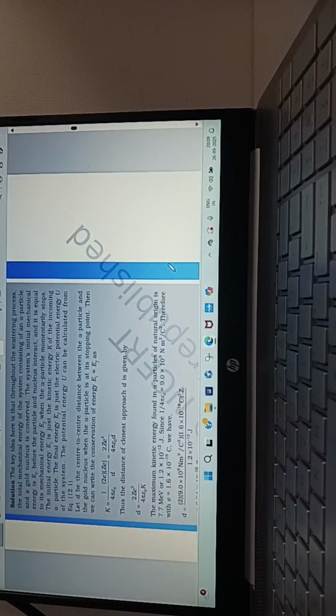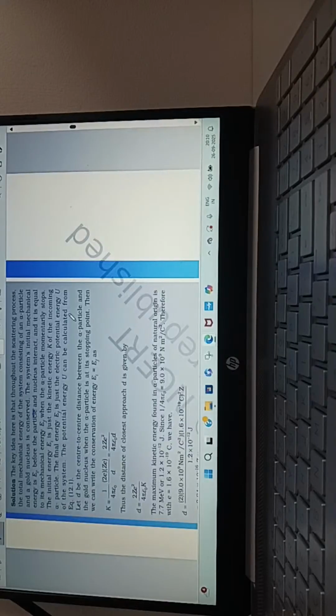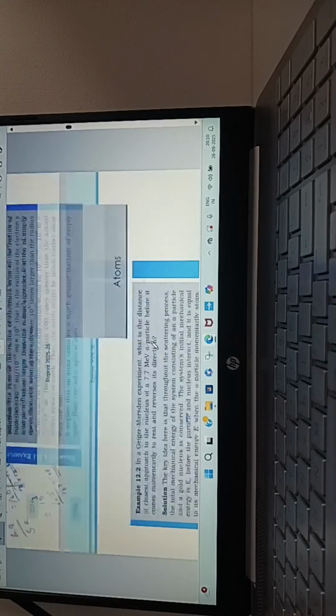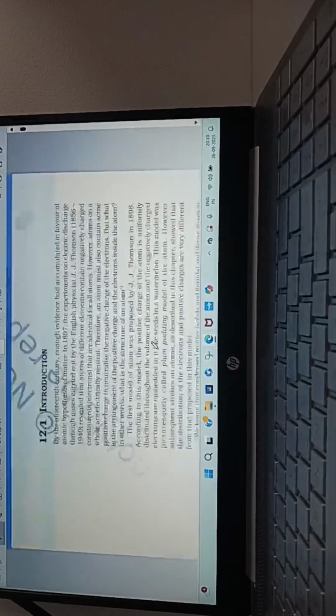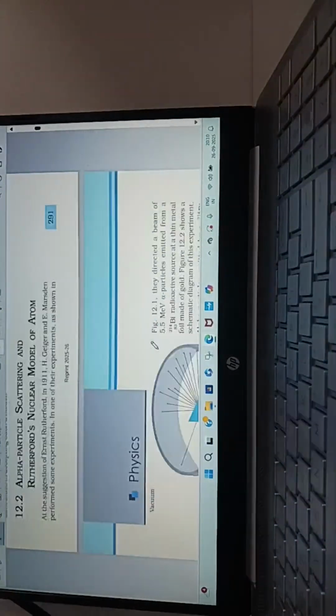And another thing, madam sent something. You sent or madam sent, I don't know. That material also is very important, is it not? Can you explain once again, sir? Okay, here itself it is there. Yes, sir. The atoms.